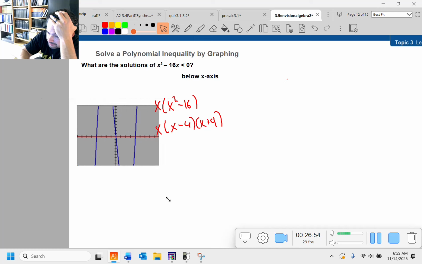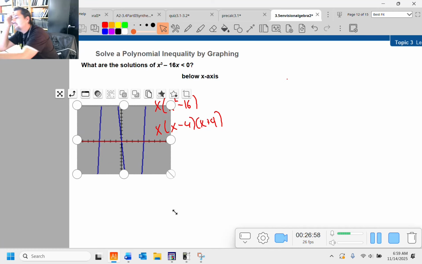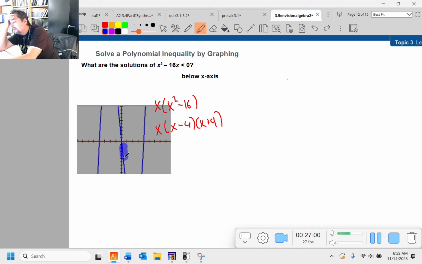And the parts where we are below that red line, there's 3 pieces of this graph. One of them is actually doing this, going back up. This one's coming in from negative infinity. Remember, this is x cubed. X cubed starts our day low, ends our day high. So this path runs from negative infinity all the way to an x value of negative 4.